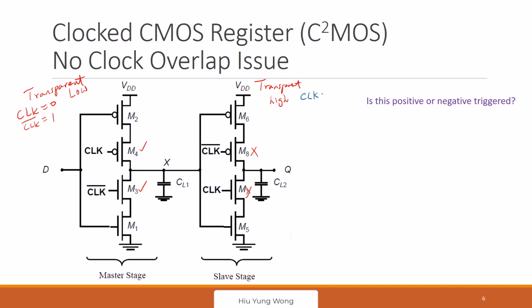When the clock is 1, or not clock equal to 0, then what does it mean? This is on, but at this time, this is off, right?